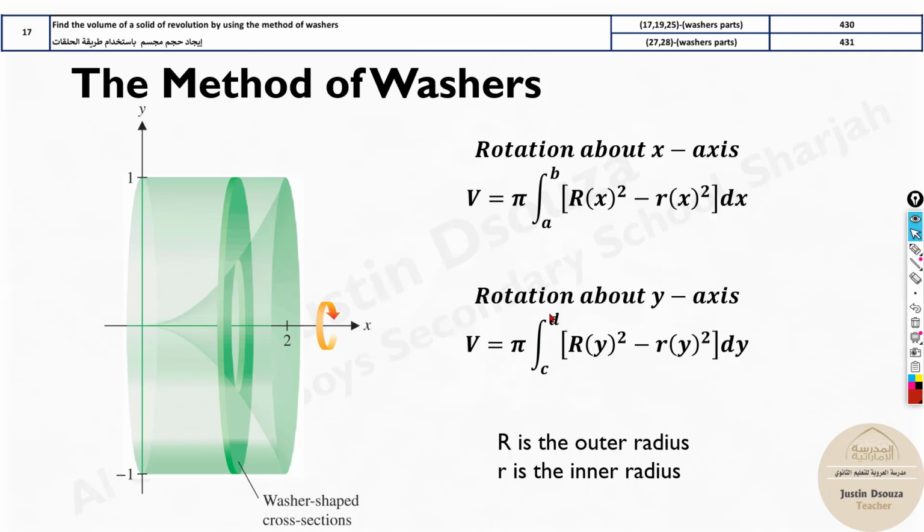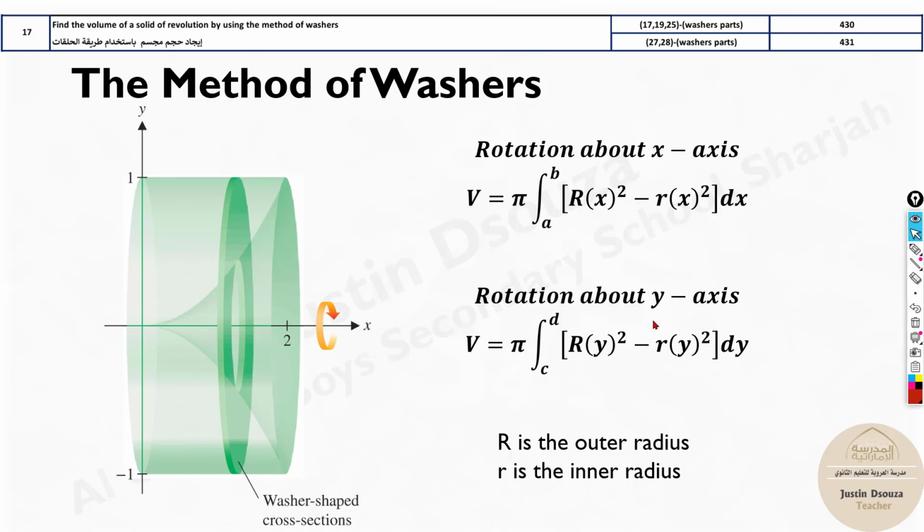Now we need to understand which formula to use depending on the question. It depends on which axis it's being rotated about. If it's rotated along the x-axis, like this, or along y equal to 2, 1, 3, or the x-axis itself, you use the first formula, and the limits are along the x-axis, from here to here.